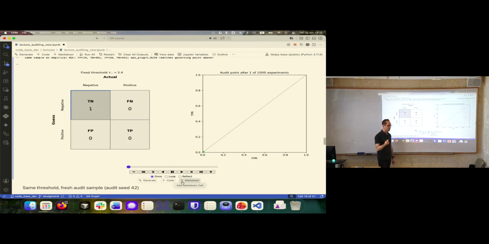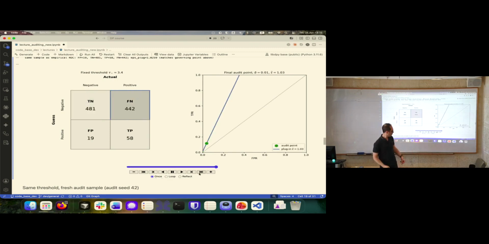We can say that if I ran an experiment and got whatever it is, let's look here. Here I got 19 out of 500, which is my empirical false positive rate. Now I'm not asking, given a false positive rate, what is the probability of getting this empirical result, but the other way around.